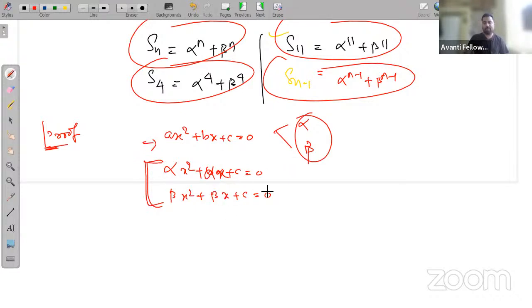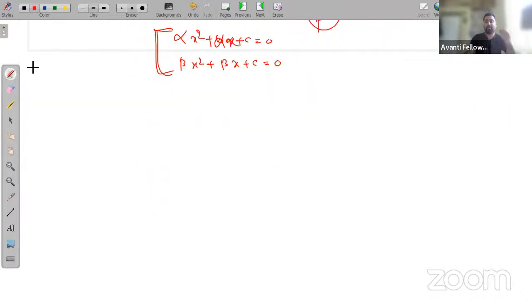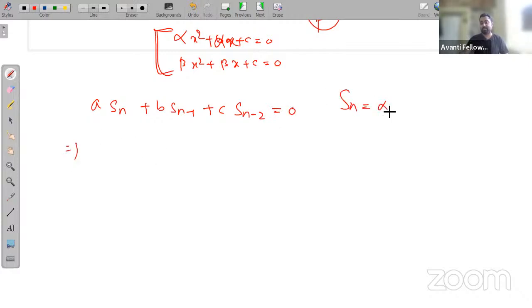So what is the result we have actually given in the condition? That is A into Sn plus B into Sn minus 1 plus C into Sn minus 2 is equal to 0, right? So now substitute the values, because Sn is given as alpha to the power n plus beta to the power n.